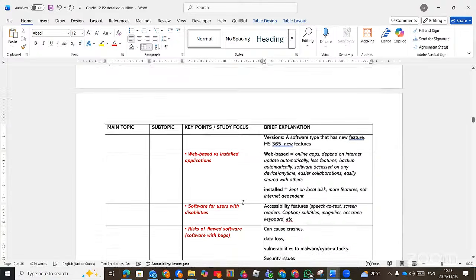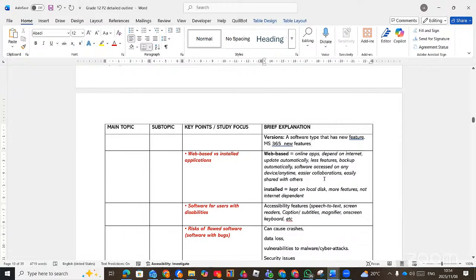Then the web-based versus installed application. Software that you can use online, we call it web-based, or sometimes we call it online software. They depend on internet. If you don't have internet, you cannot use it. Then they also update automatically, back up automatically, software access anytime, anywhere, easier collaboration, and easier to share with others.